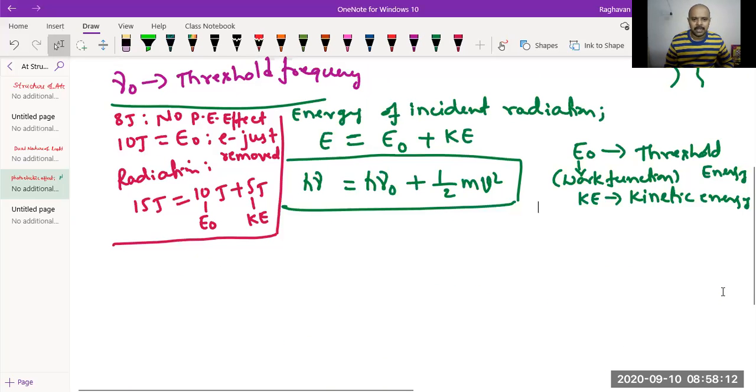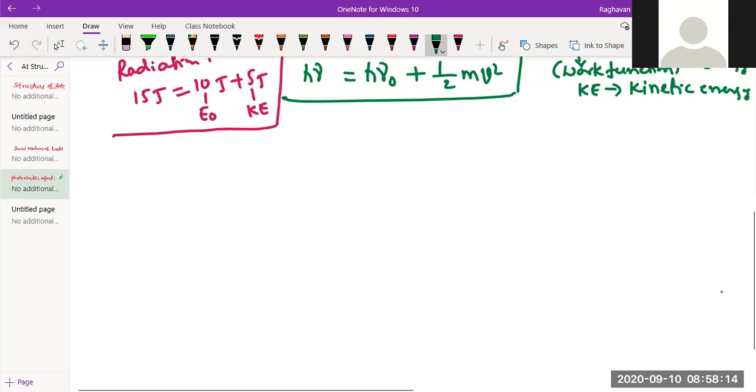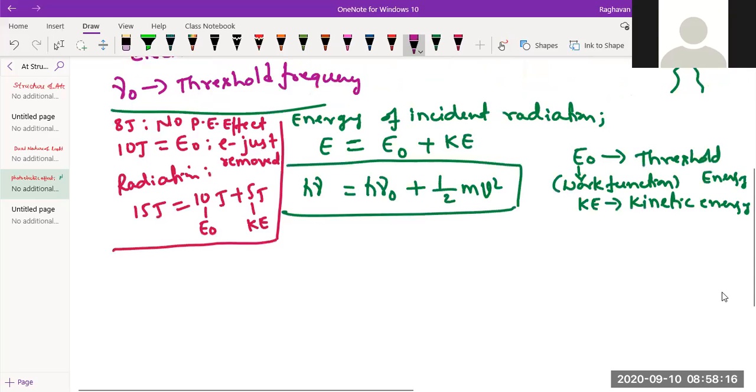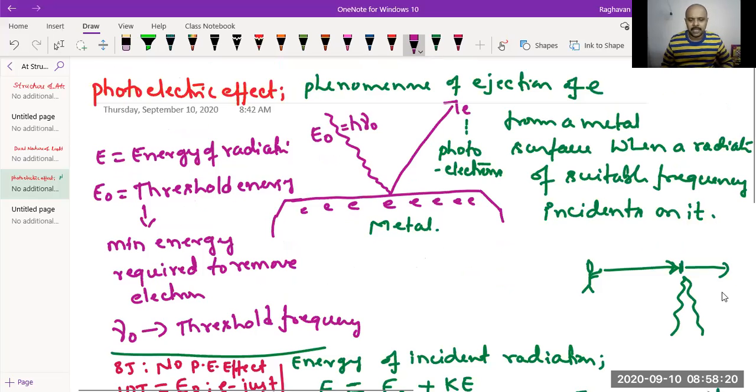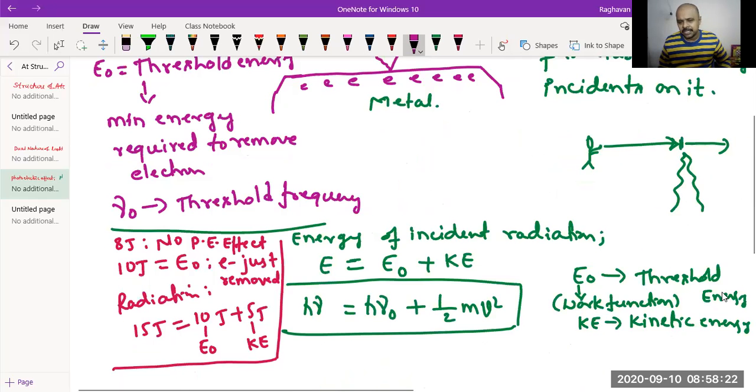Now graphically. Can you explain once again, sir, that h nu equals h nu naught? As per Planck's quantum theory, what is the energy present in each packet of quantum? E is equal to h nu. So in that way, energy of the incident radiation is E, correct? Yes, sir. E equal to what? h nu. Therefore, what is E naught? E naught is h nu naught. Nu naught is threshold frequency.